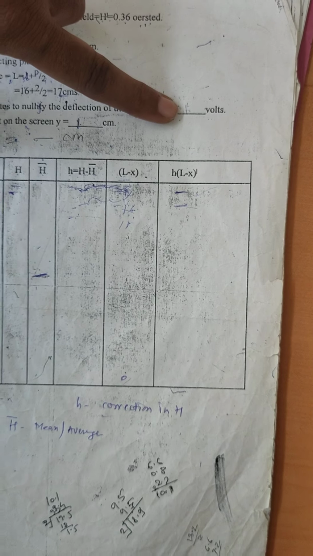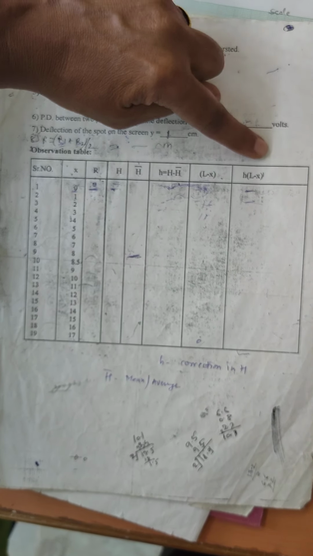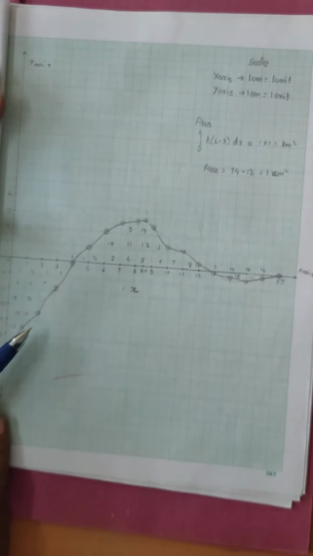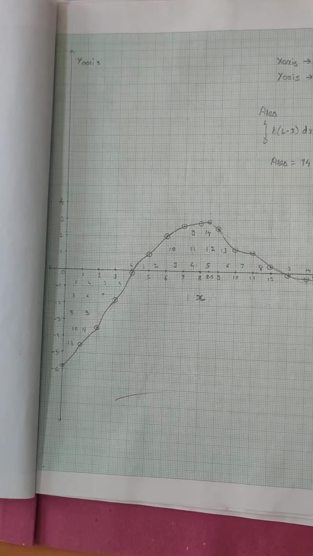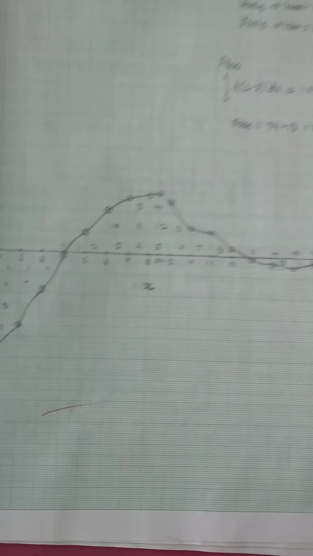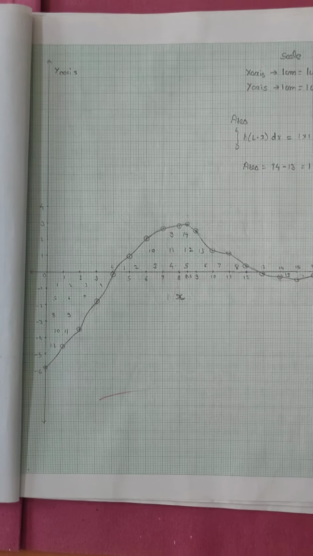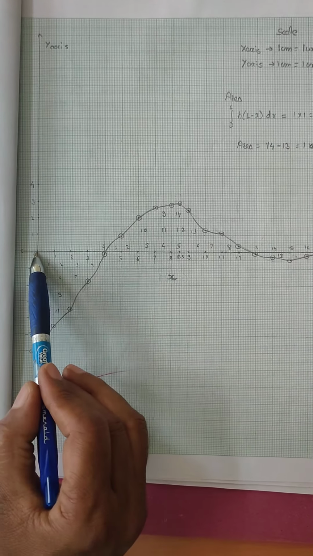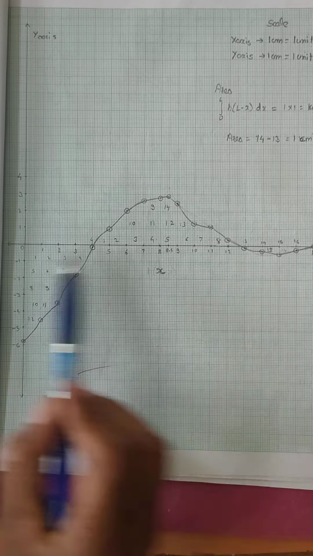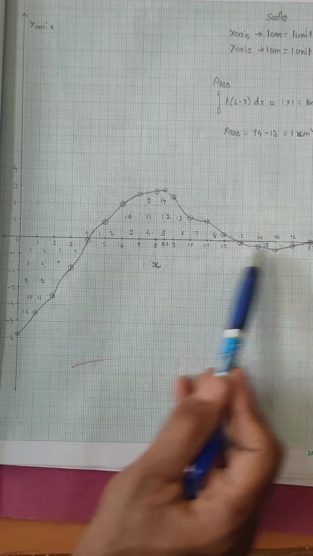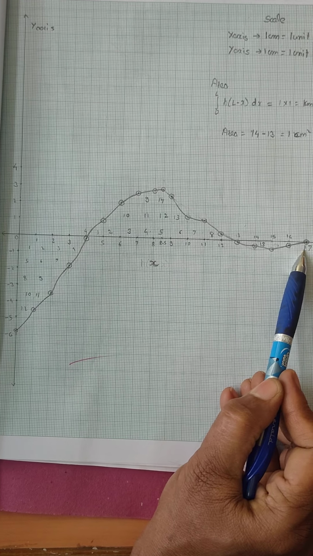Once you complete this observation table, you have to plot the second graph, that is the first column X against the last column H into L minus X, and in this second graph, because H into L minus X is having positive and negative values, the X axis of the graph we have shifted to the center, and onto this X axis you can see 0, 1, 2, 3, 4 up to all the values of X are written up to 17.